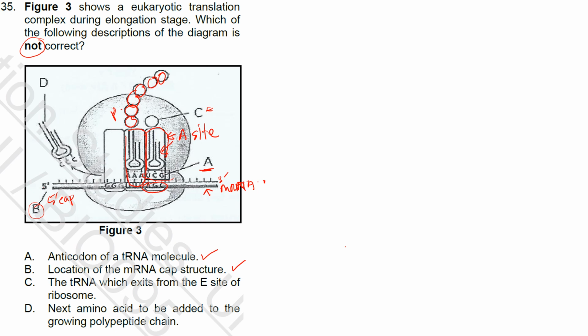The A site has the tRNA that brings the new amino acid to be added to the elongating polypeptide chain. On this side you have the E site, where the tRNA exits the ribosome. So statement C is incorrect, because this is not the E site, this is the A site.